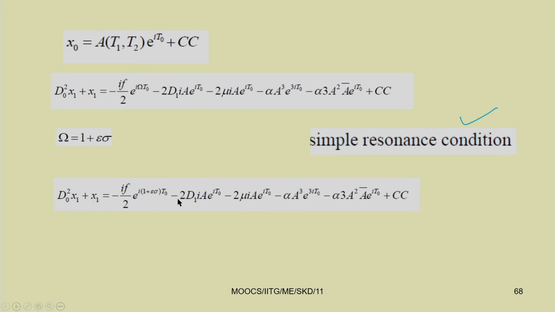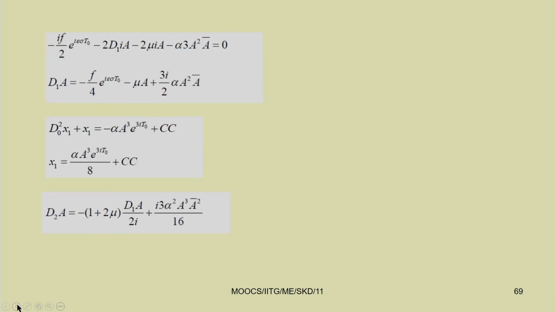You just see the terms containing e to the power i t 0 will give rise to secular terms. We must eliminate these secular terms to get the bounded solution. If you eliminate the secular terms, this is the expression you get. Similarly, from this you can write D 1 a equal to this way.